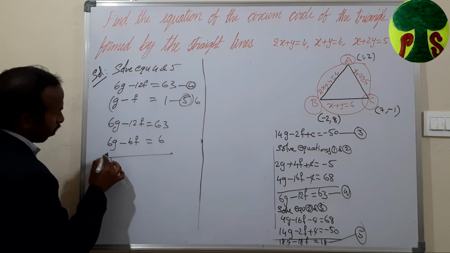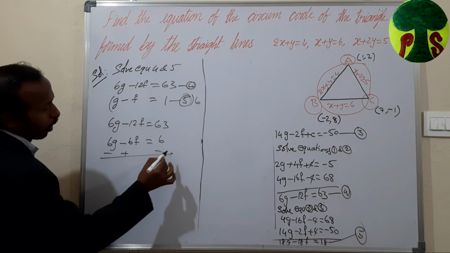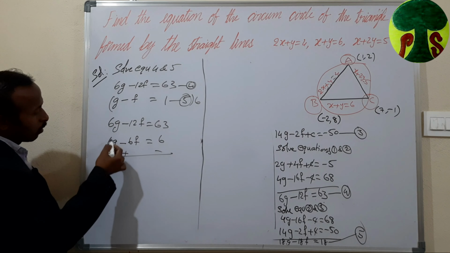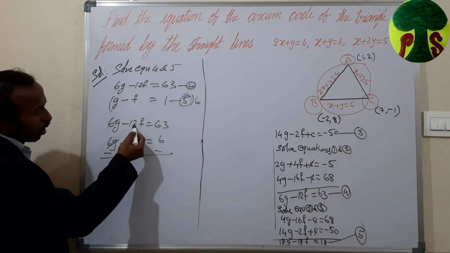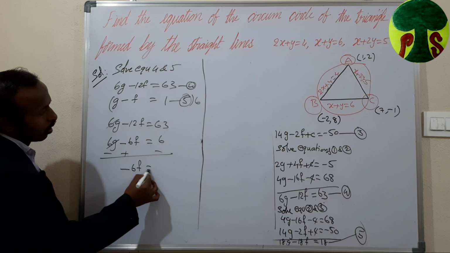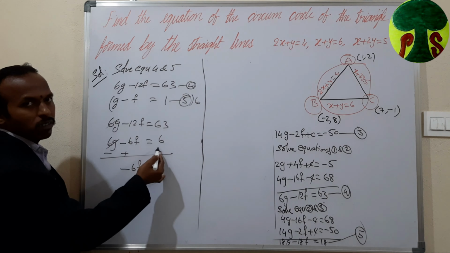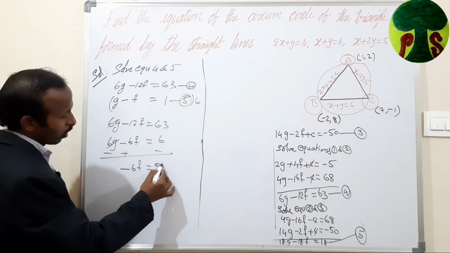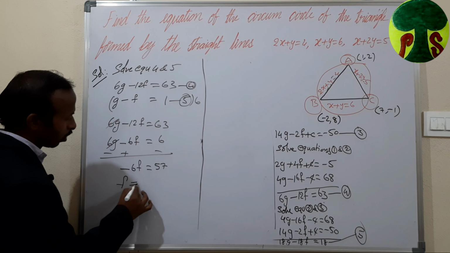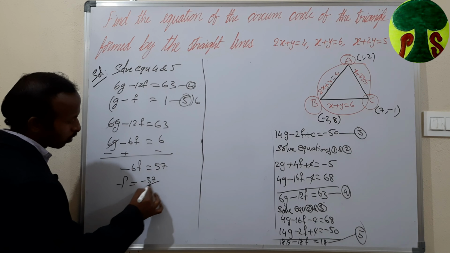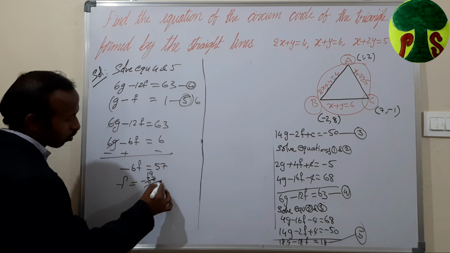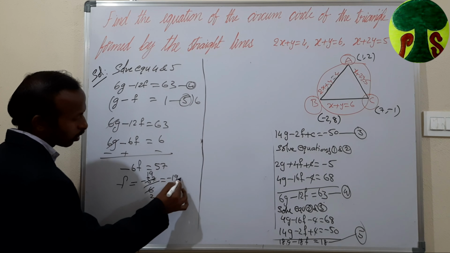Now minus plus minus. 6g minus 6g gets cancelled. Here minus 12f plus 6f is minus 6f. 63 minus 6 is 57. Next step, f equal to minus 57 by 6. 3 twos 6, 3 nines 27, so finally f value is minus 19 by 2.